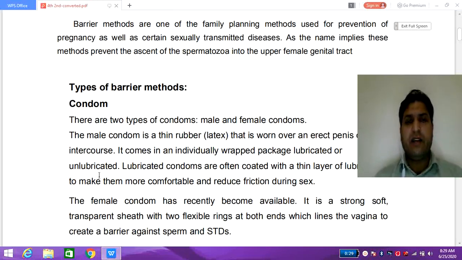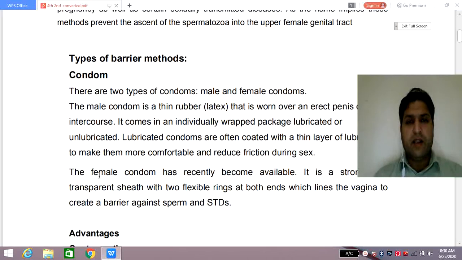One thing to keep in mind is that the male condom is mostly of two types: the lubricated and the unlubricated. The lubricated one has an advantage, as the lubrication provides comfort and reduces the friction during sexual intercourse.